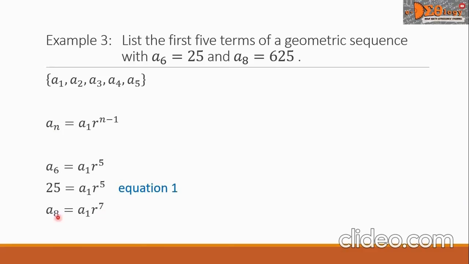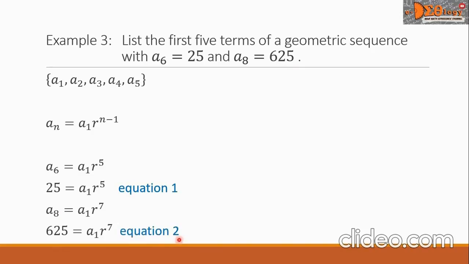Let us now substitute this value 625 to our a sub 8. So we have now 625 equals a sub 1 times r raised to 7. And this is now regarded as equation 2.